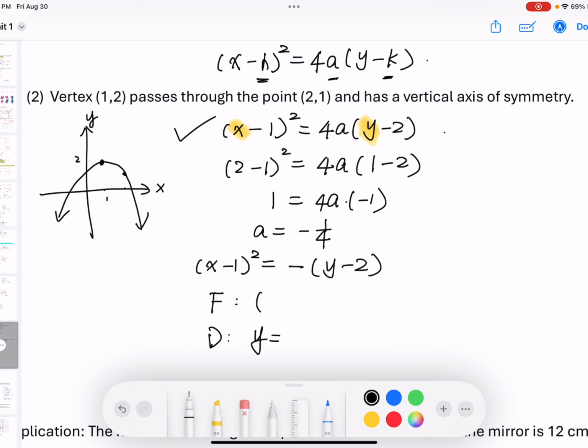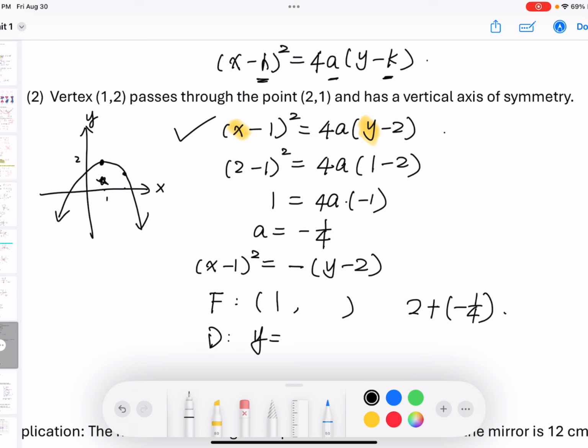The focal point must have, for example, if I randomly draw a point here and this is my focus, the same x value. I borrow the x from the vertex, 1, and for the y value, the vertex's 2 plus a, negative 1/4.